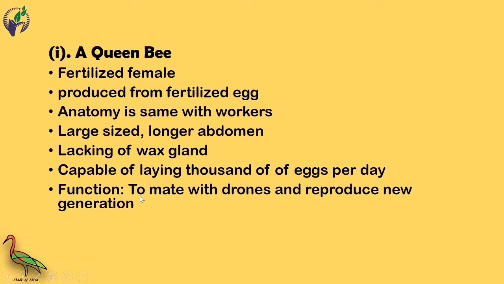The function of the queen bee is to mate with drones and reproduce the new generation. So only one function for the queen bee: they mate with drones and reproduce new progeny. So day by day new members are added to the colony.